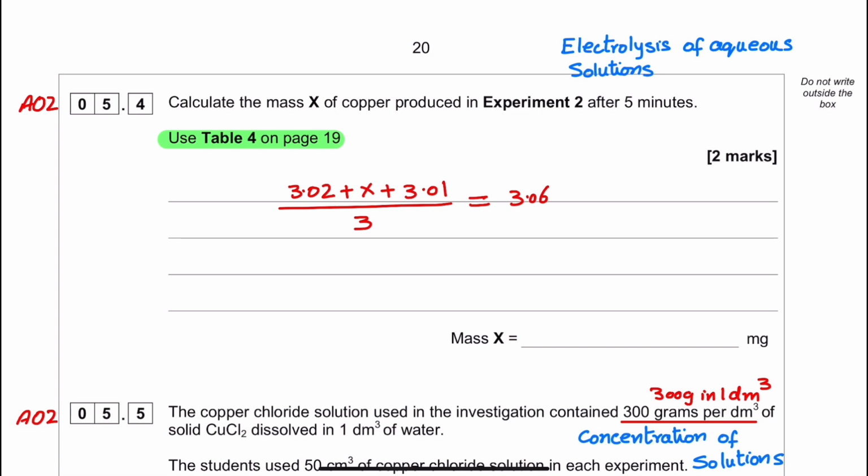We need to rearrange these values. So this 3 will go on the other side to make x my subject. 3.02 plus x plus 3.01. This 3 will go on the other side: 3 times 3.06.